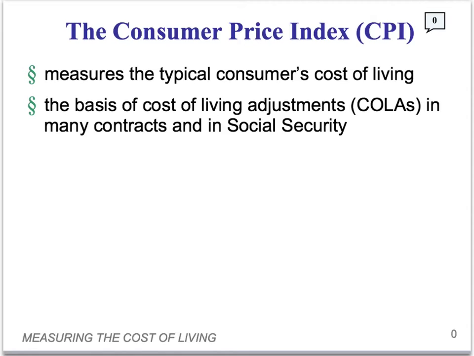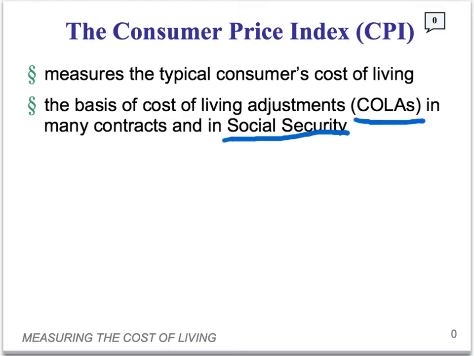So here is what it measures: a typical consumer's cost of living and cost of living adjustments. You'll see this phrase, COLAs, and they're not talking about Pepsi or Coke. What they're talking about is how much the cost of living changes over time. And it's particularly important for people who get Social Security.